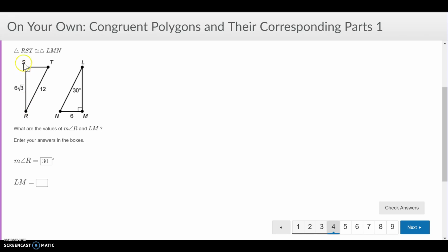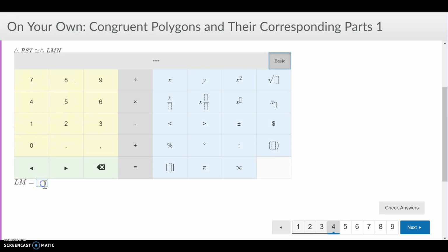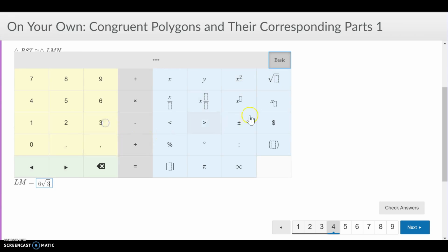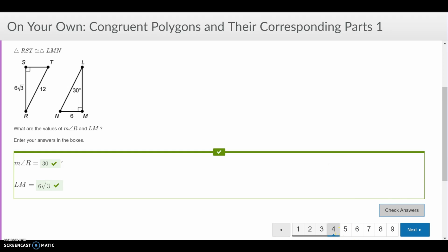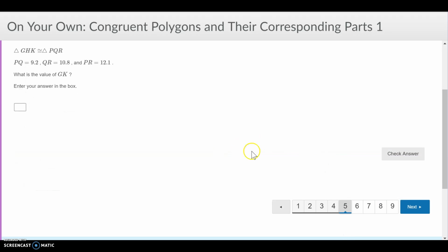So that means it corresponds with RS. So we just put in 6 square root of 3. And remember to use your calculator in your quiz, because sometimes if you don't, it will mark it wrong. And we don't want that to happen.